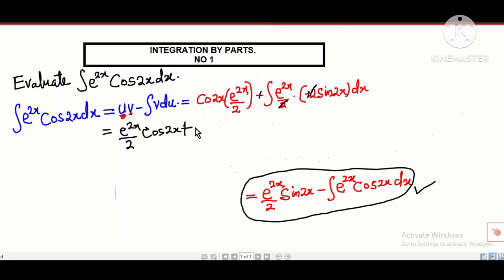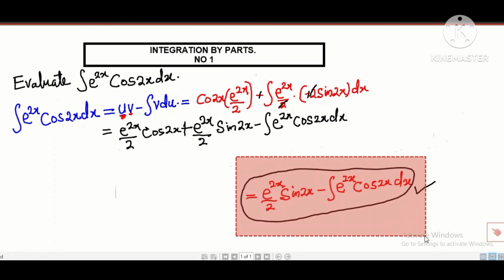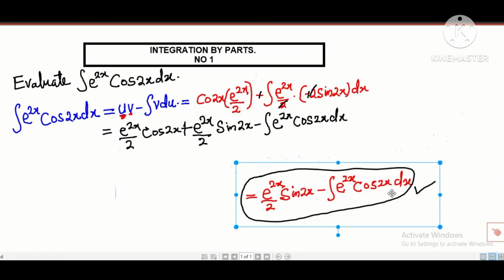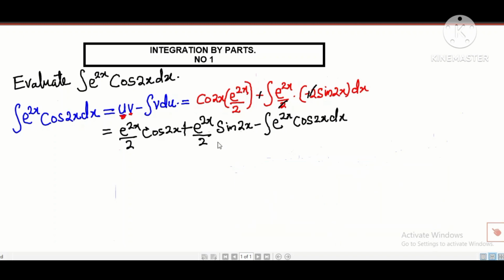This is going to be plus e to the power 2x all over 2 sine 2x minus e to the power 2x cos 2x dx. Okay, so this is the stage we are at now. Let me clean this too.